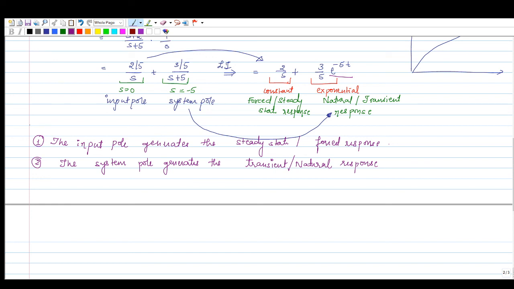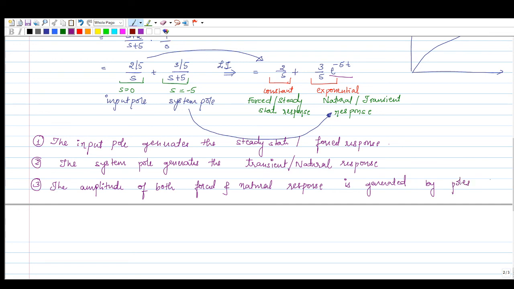And then the amplitude of both forced and natural response is generated by poles and zeros.